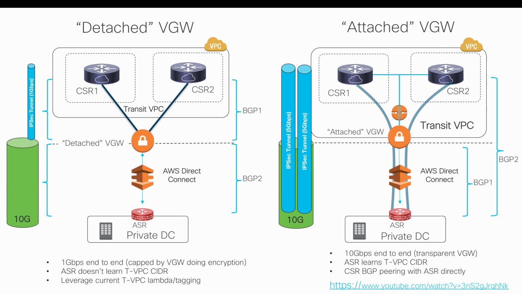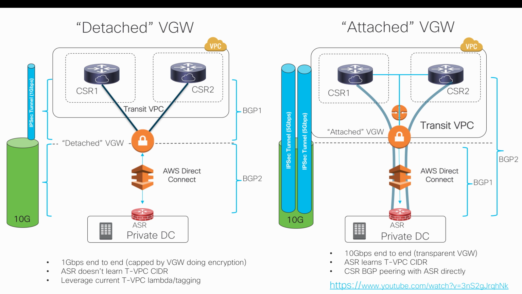The other way to do that is called attached VGW. As you can quickly find, the difference is this VGW is attached to the Transit VPC itself. And because it is attached, this VGW will actually advertise the routes of the Transit VPC itself to the on-prem data center, and then your ASR on the data center side, or any router or firewall on the data center side, can talk to the CSR directly.